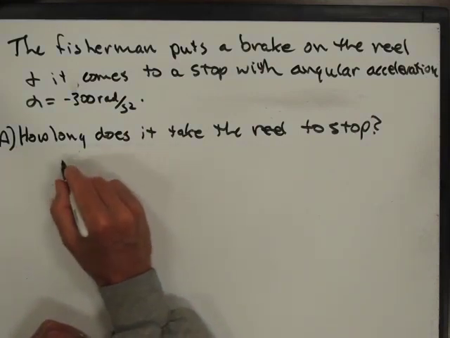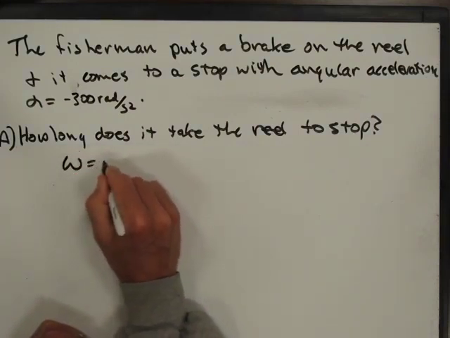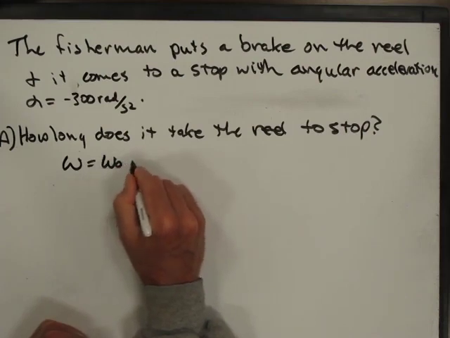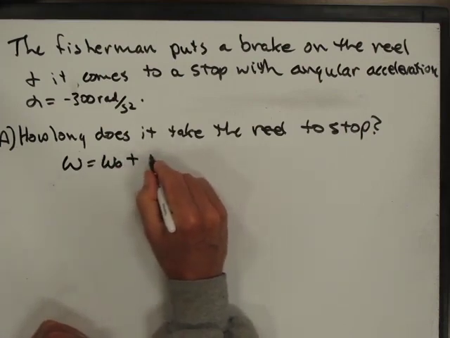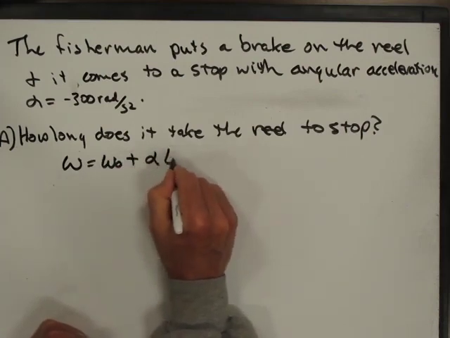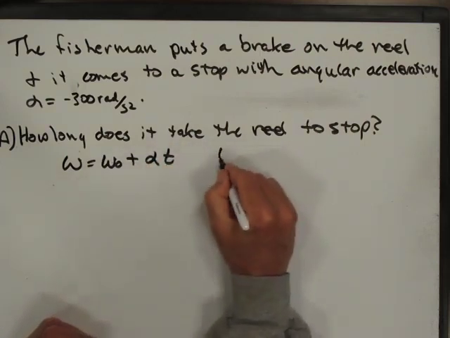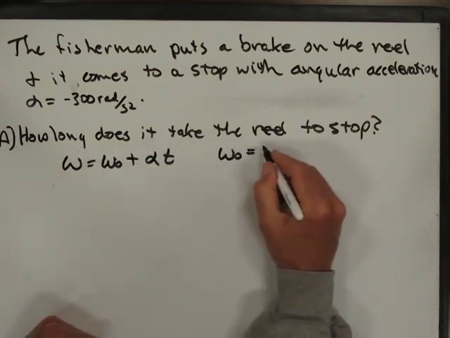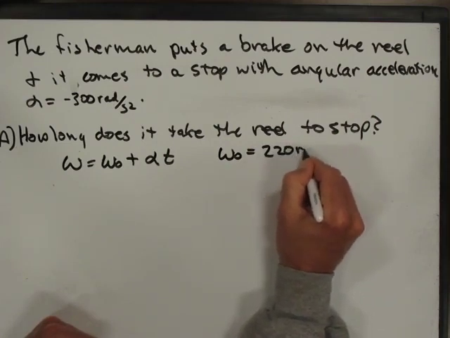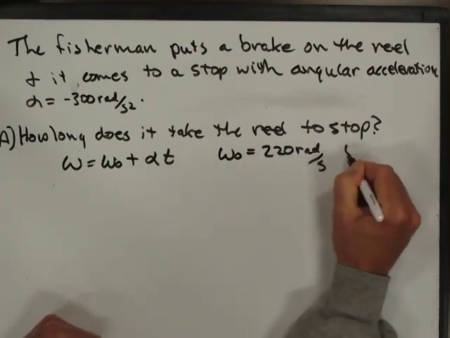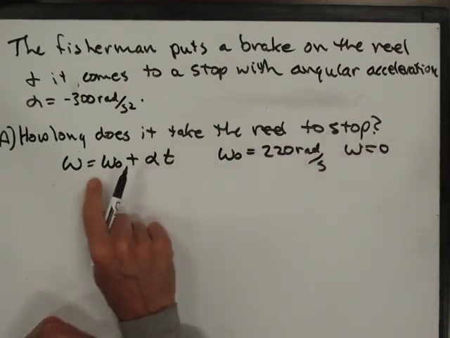And so we can just look at our list of equations and say, well, this is omega equals omega naught plus alpha times time. In this case, omega naught is the initial velocity. That's how fast it was going. This is 220 radians per second. And omega is equal to 0 because we bring it to a stop.